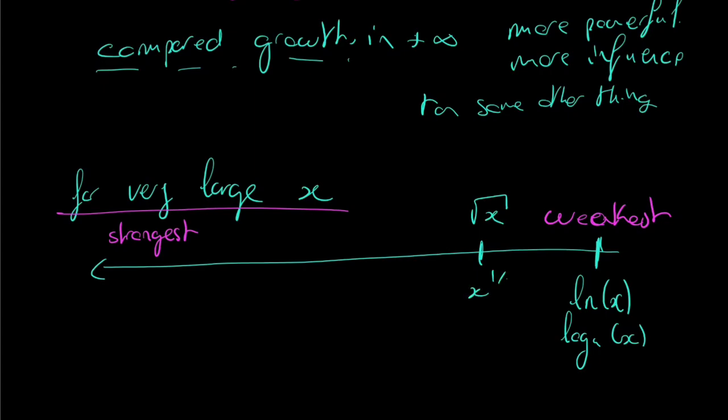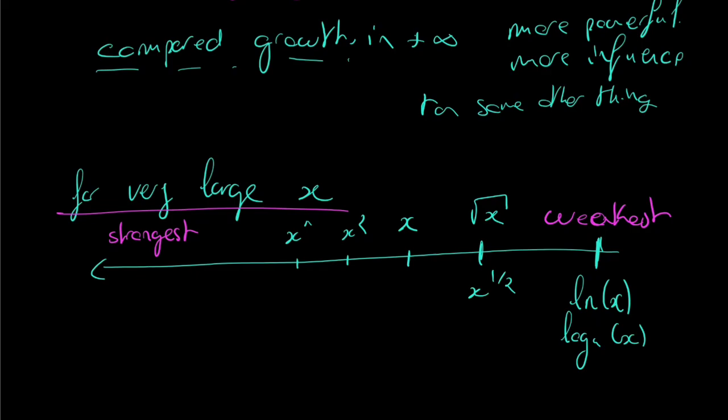As long as the powers are greater than 0, we keep this order. Here, for instance, x will be a lot greater than this one. Then x squared, and then x to the n, for instance.